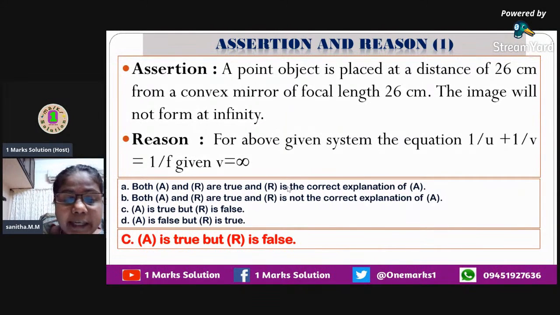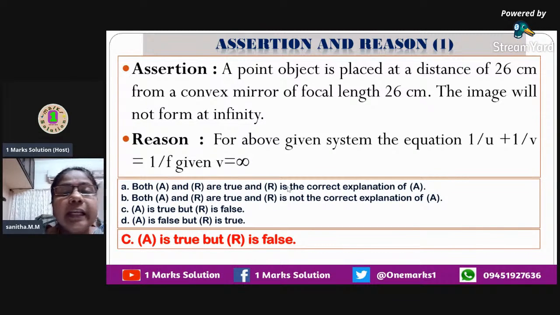Option B is both assertion and reason are true, but it is not the correct explanation of A. But option C is A is true, but R is false. So here the answer is C. That means assertion is true and reason is false entirely, because if you are calculating, you will get 13 centimeter. Now we can go for the second one.